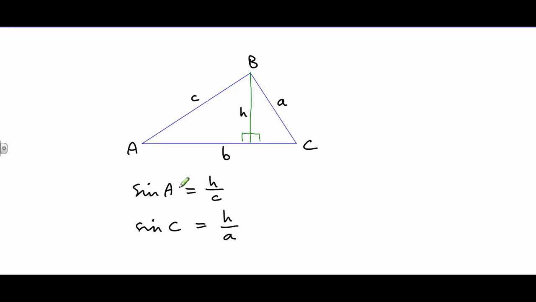The first of these equations, we can multiply both sides by c, and we get h equals c sine A, and this one is h equals a sine C.